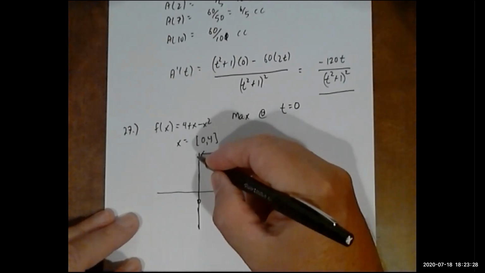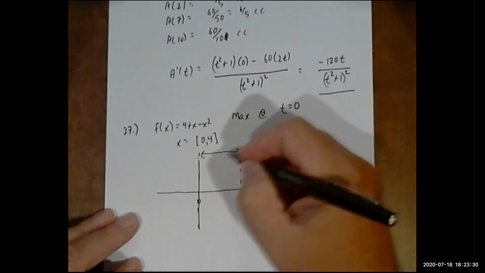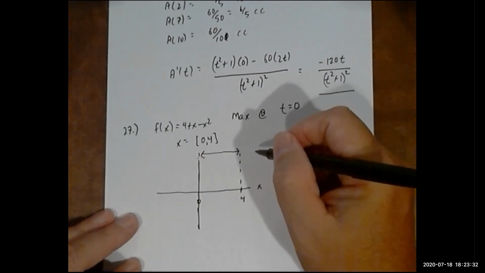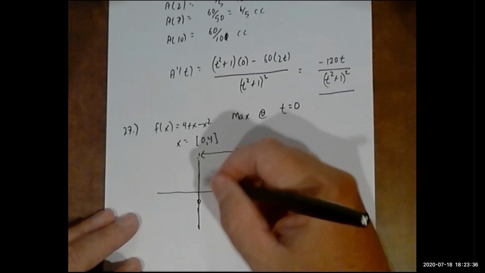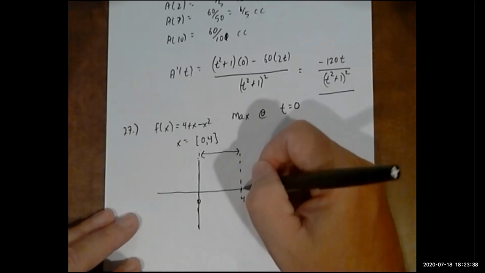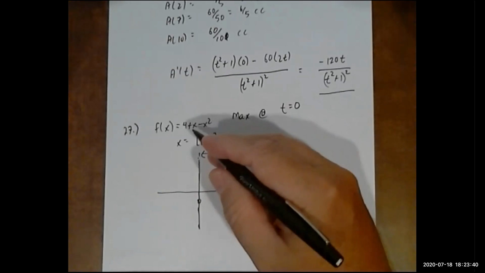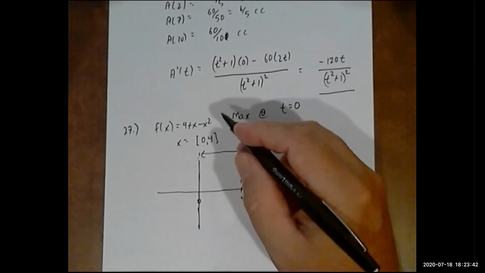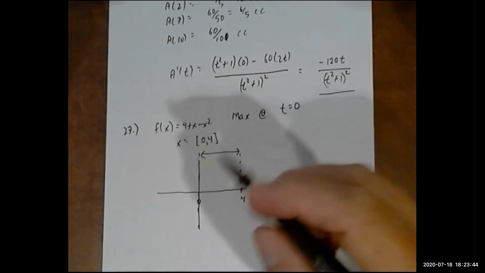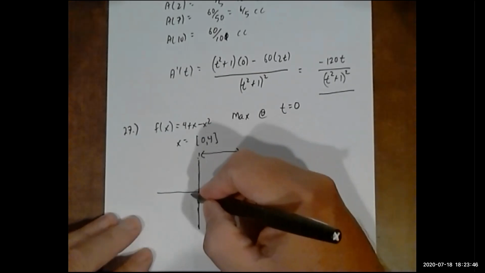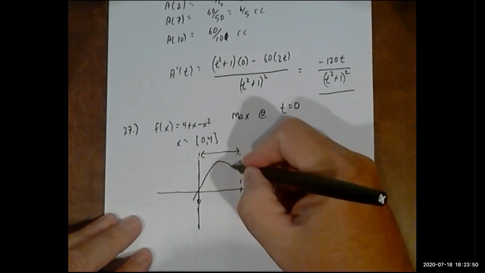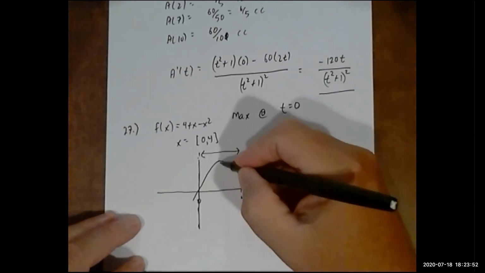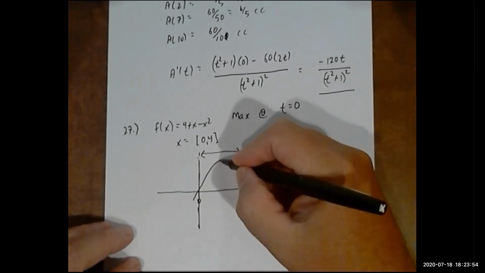Although actually we're going to include 0 and 4. But here's where we're looking. And what they're asking us is, from 0 to 4, what's the maximum value of this function? Now, a couple of different things can go on. For a lot of you, this might be the obvious one: if there's a relative maximum inside the function, obviously that's the maximum point.